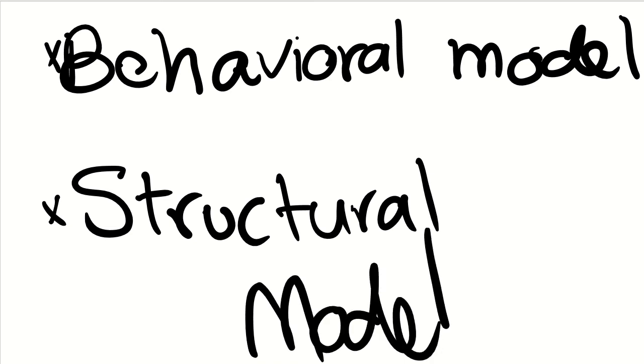The behavioral model is a high level of abstraction. You tell your system what it's supposed to do. The way you write your code, you say, if I have these two inputs, give me this output, and if the input is this, give me that output.